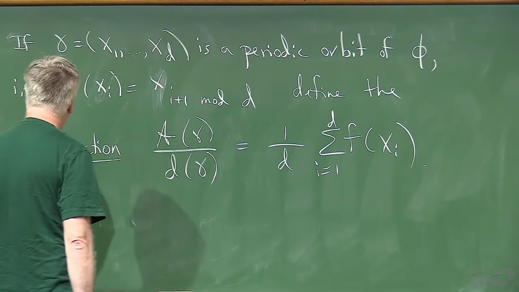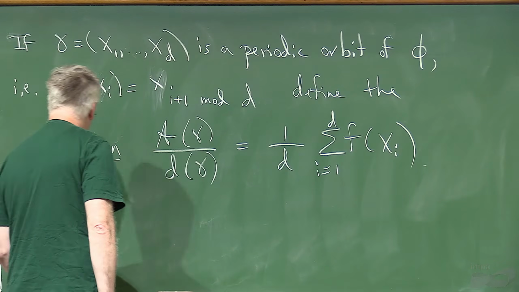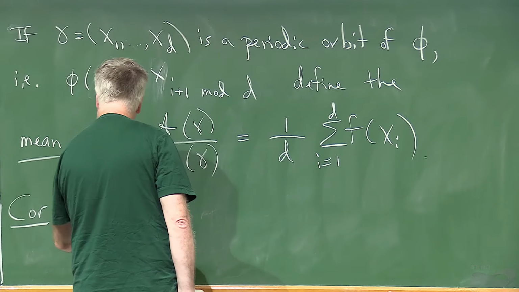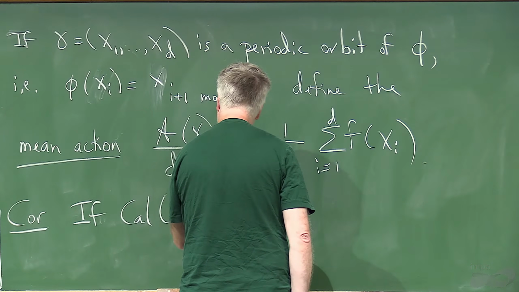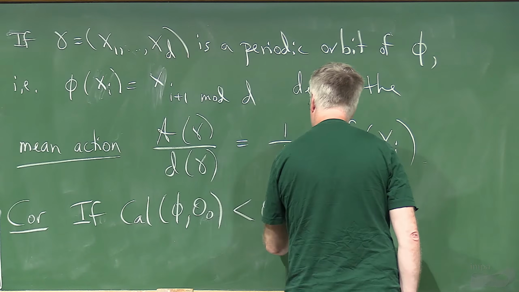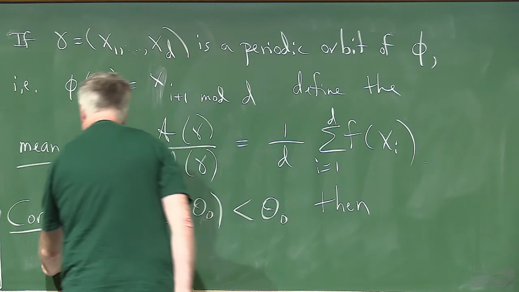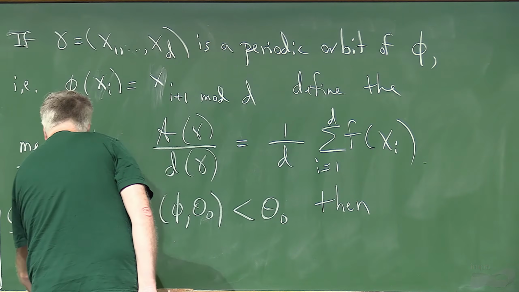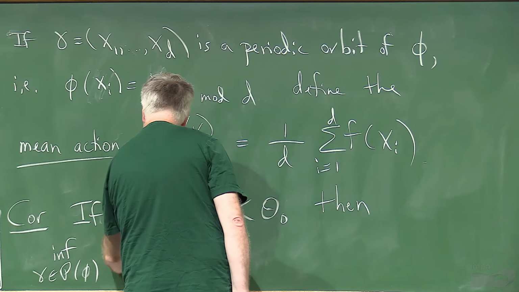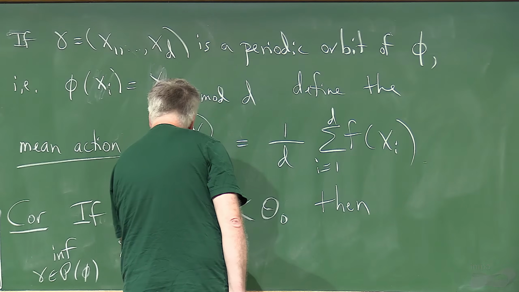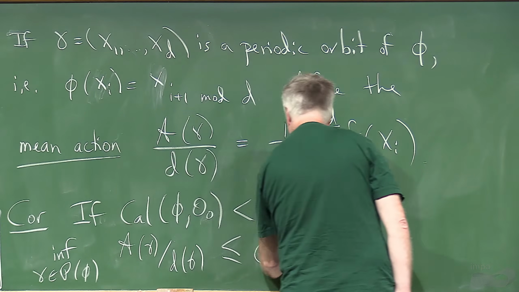And then the theorem, this is a corollary of the theorem over there: if the Calabi invariant is less than theta 0, then the infimum over gamma, a periodic orbit of phi, of this mean action is less than or equal to the Calabi invariant.